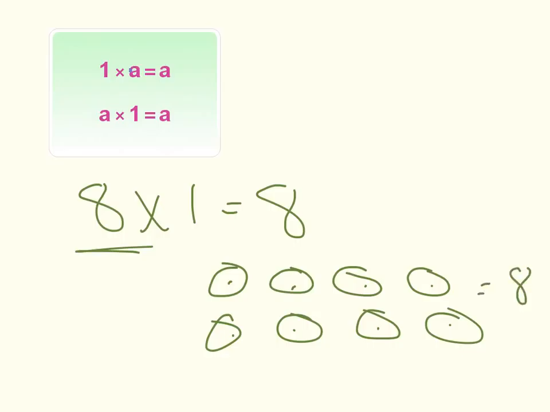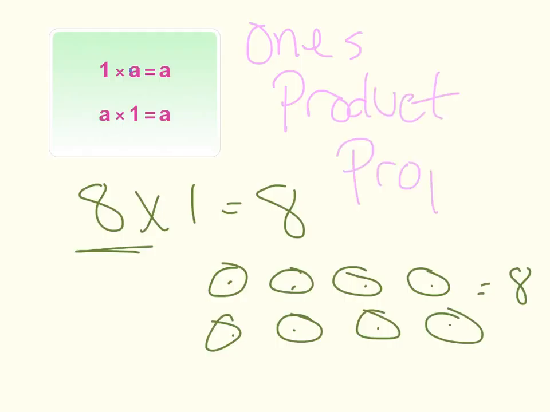So this property, which we're giving a name to now, is called the ones product property. Essentially, any number, so any integer, multiplied by the number 1 will give the same number at the end. It won't give 1, but it'll give the same number.